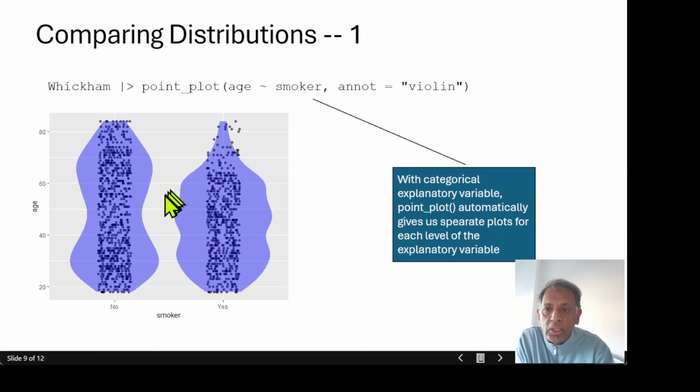So clearly you can see that non-smokers have a wider dispersion of age, and the people are distributed more evenly across the entire spectrum. Whereas for smokers, you see that they are more concentrated on the lower spectrum of age than on the higher spectrum of age. Okay, so there are far fewer older smokers than there are older non-smokers.